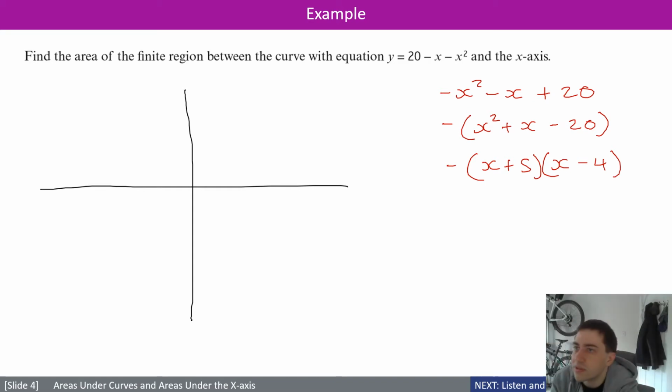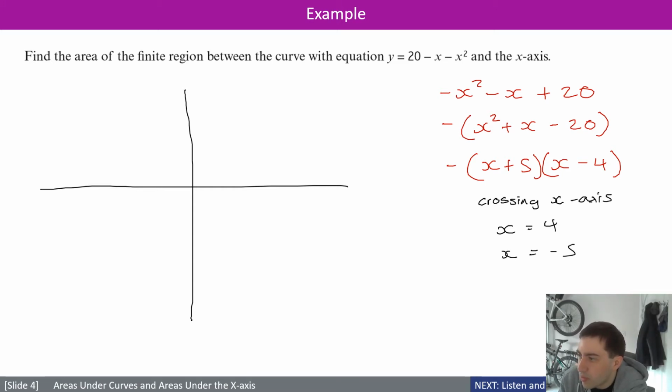Yeah, that works. Remember, I've still got the minus on the outside. You could put that inside, perhaps turn this into 4 minus x, but I'm going to leave it on the outside. The critical values, or where it crosses the x-axis, are when x equals 4 and x equals minus 5.